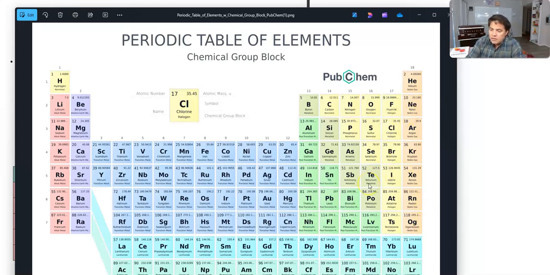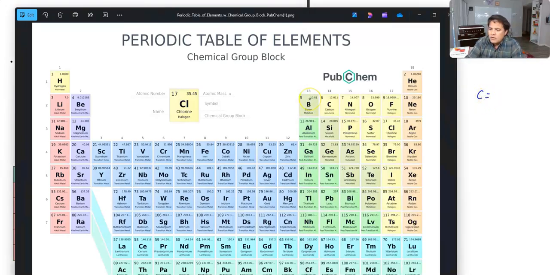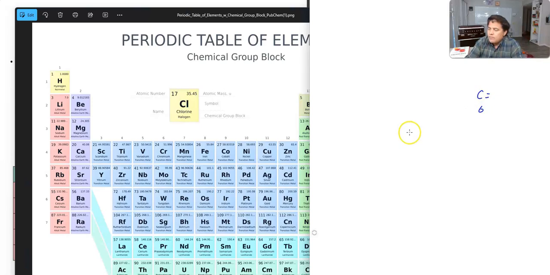For example, what about carbon? Carbon is 6. What are the closer inert gases? Helium is 2, neon is 10, argon is 18. The upper one is neon and the lower one is helium.